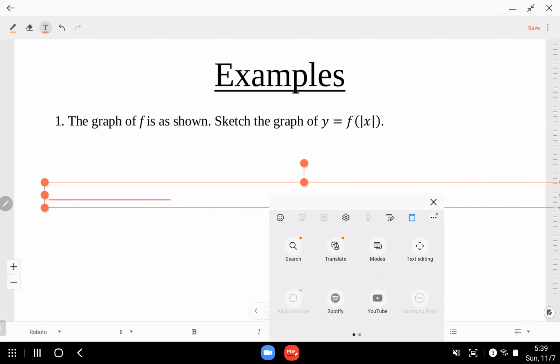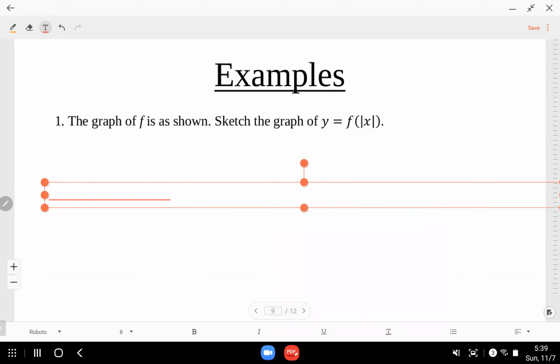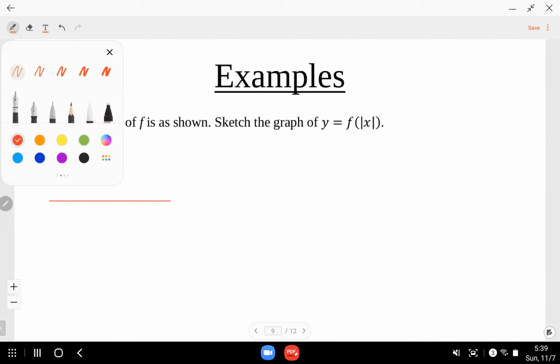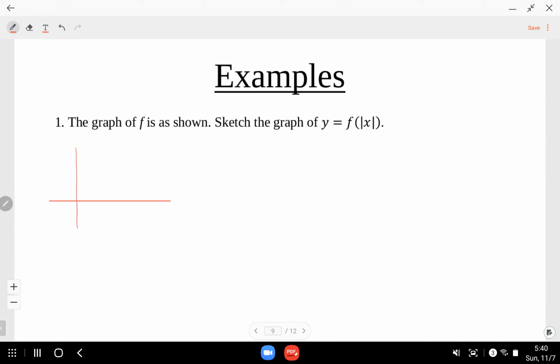What is Spotify on here? Okay, so I'm just going to do that for now, and we're going to have this graph here. No, that's not good. No, that's still not good. That's horrible.